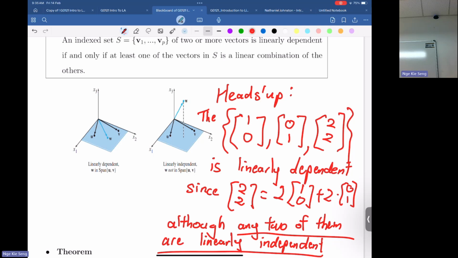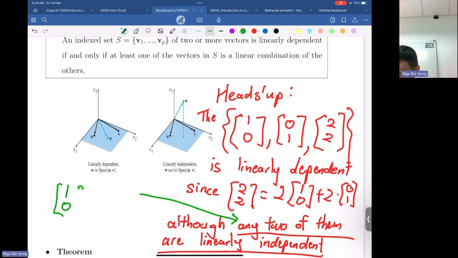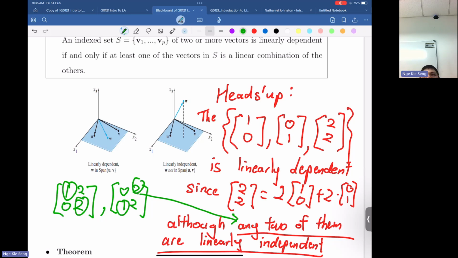Actually, you can quickly see it from the pivots. If you try to verify this, we are left with (1, 0), (2, 2) and (0, 1), (2, 2). Can you see that there are two pivots, a pivot in every column here? If you try to do REF, maybe we quickly discuss. Let's do REF of this.